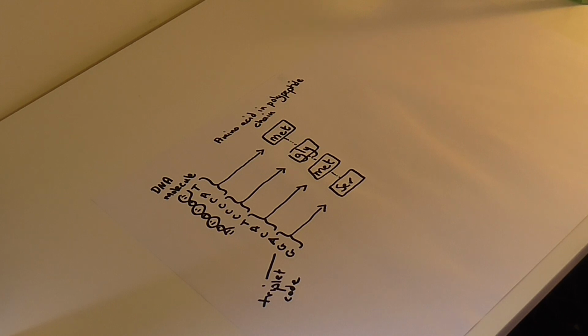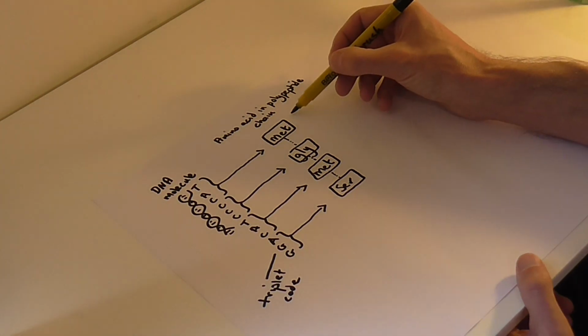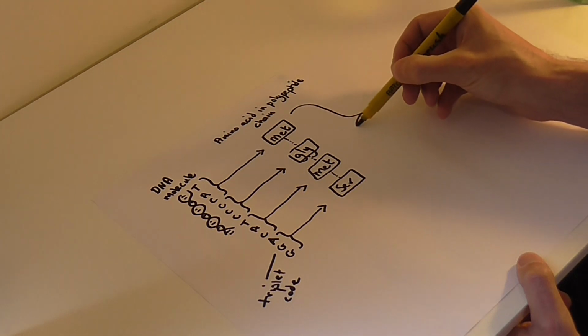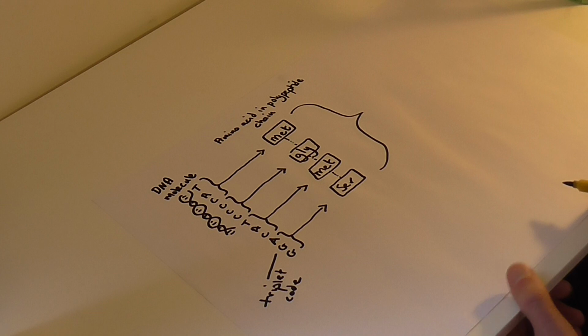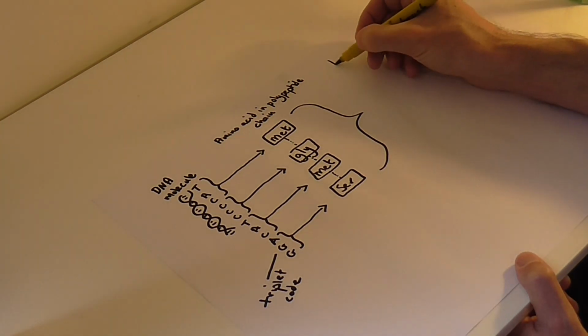We know then that the primary structure, the sequence of amino acids within the polypeptide chain, ultimately is going to determine the overall structure of the protein.